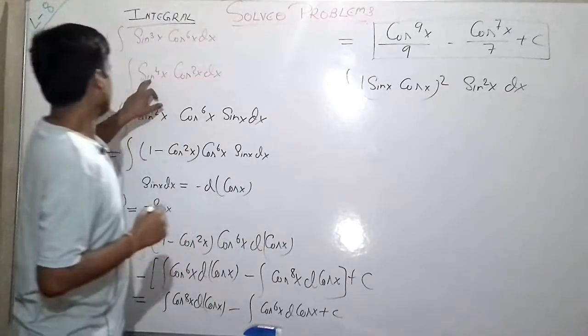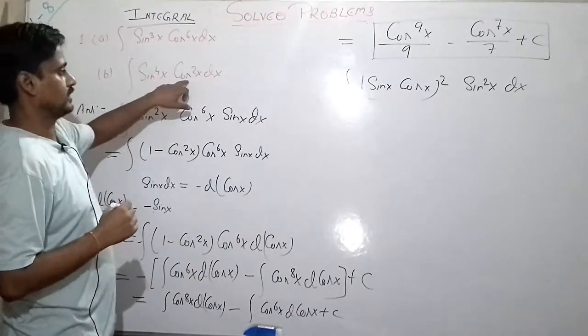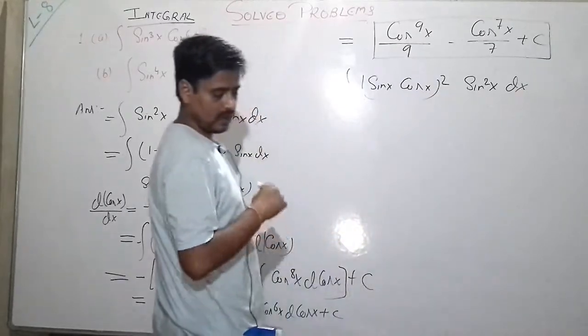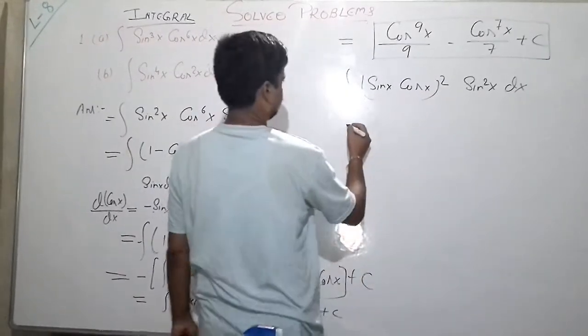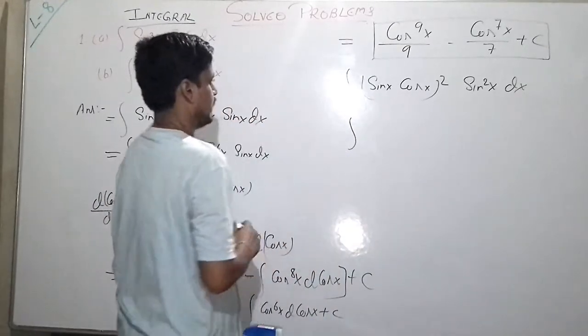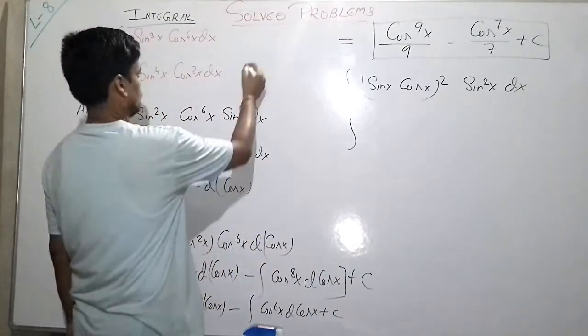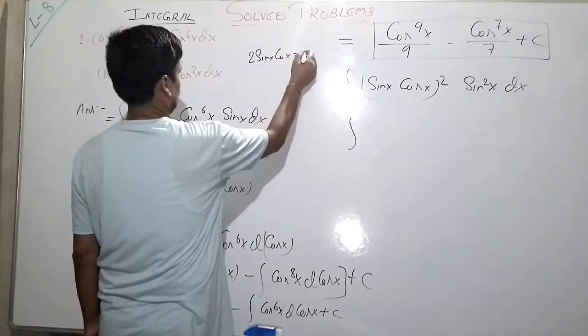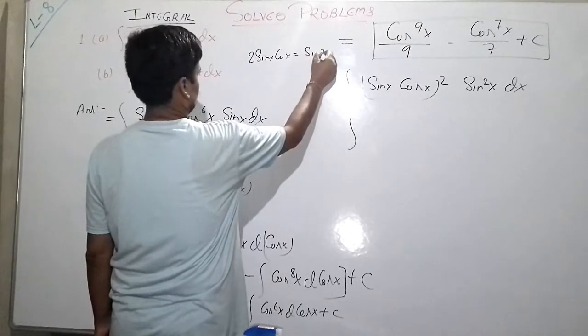We can write sin 4x cos square x as sin x cos x whole square times sin square x. Now we know that 2 sin x cos x is equal to sin 2x.